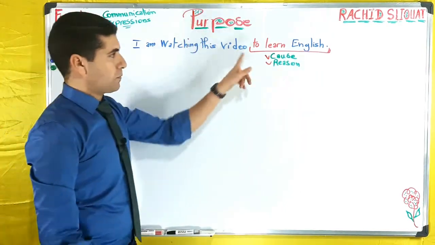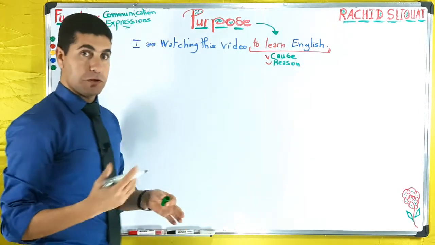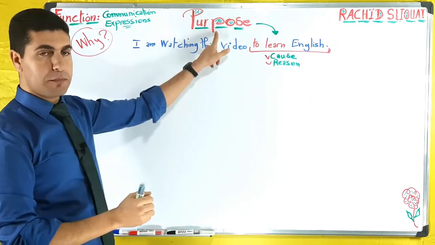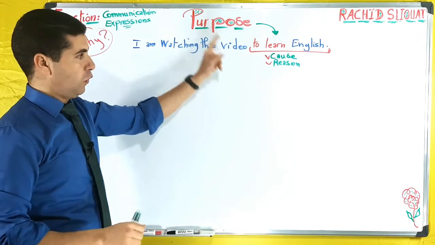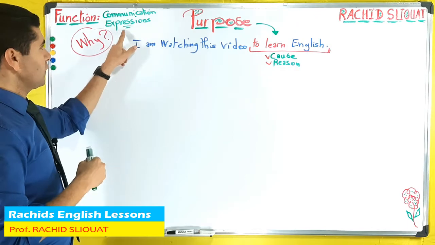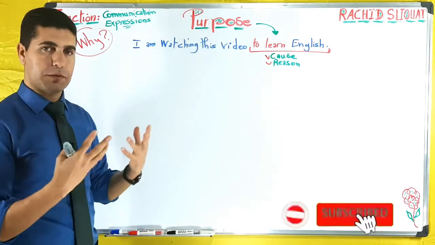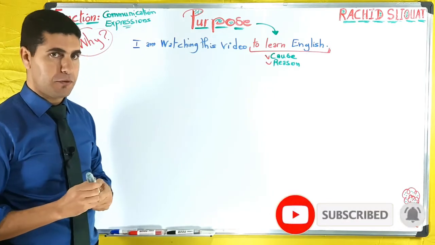So we can say the purpose or the cause or the reason. In this episode we are going to see expressions or structures to express the purpose, how to express purpose.